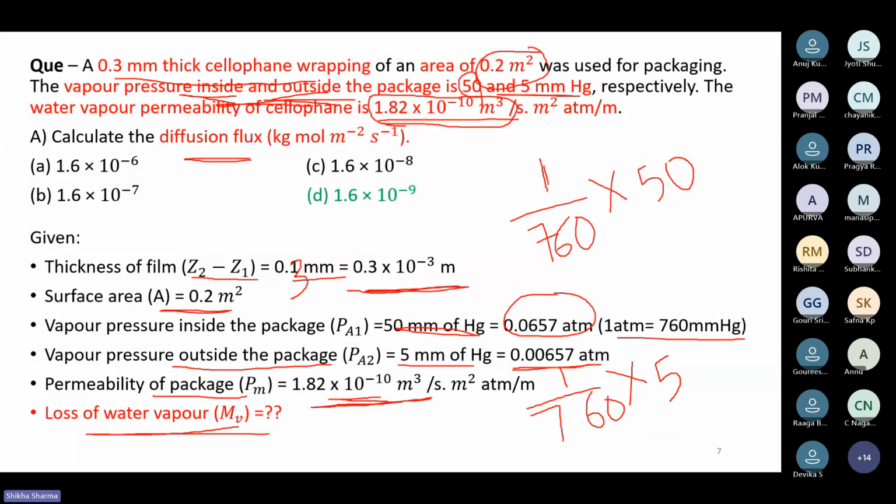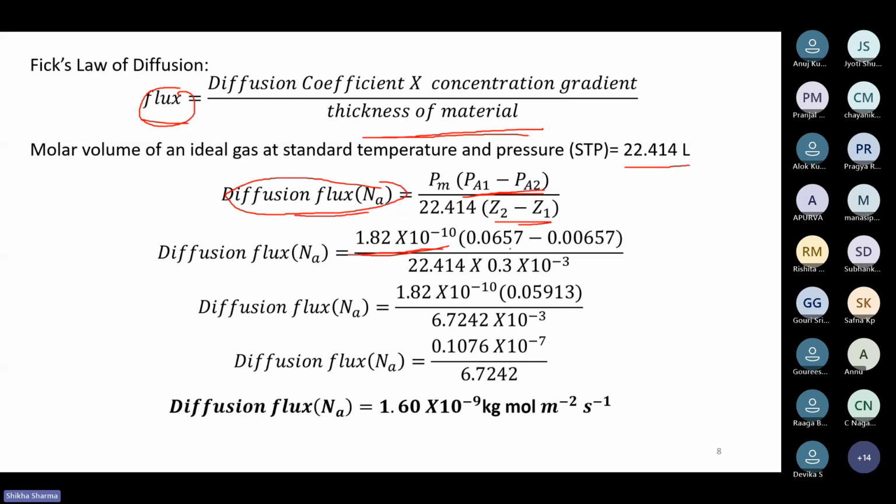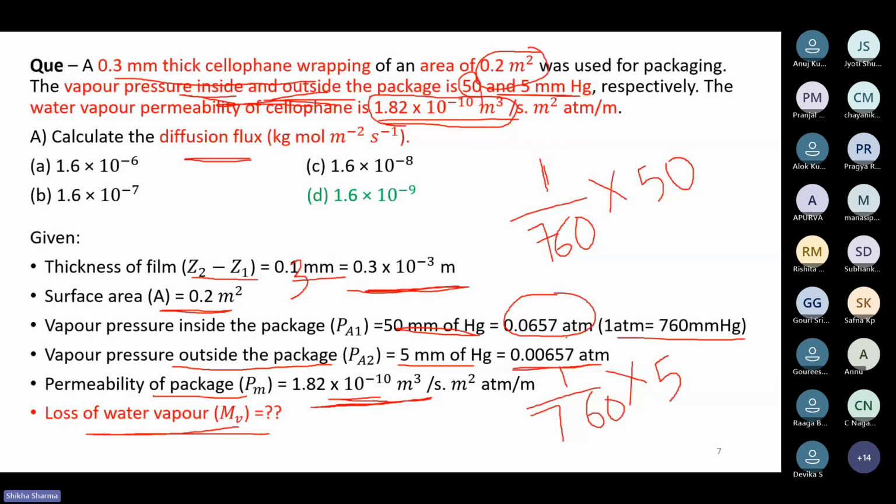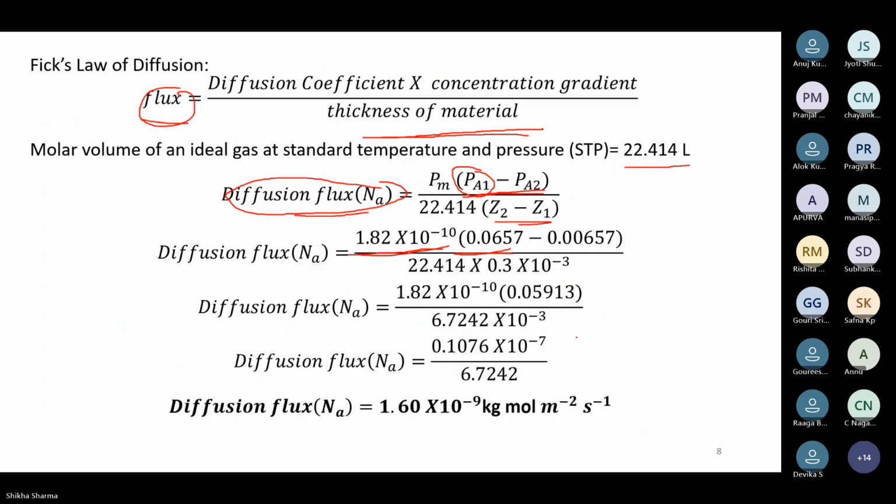We converted into atm: 50 mm Hg inside, which is 0.0657 as calculated, minus 5 mm of Hg, which is equivalent to 0.00657 atm, divided by 22.414, since the molar volume of an ideal gas at standard pressure and temperature is 22.414.